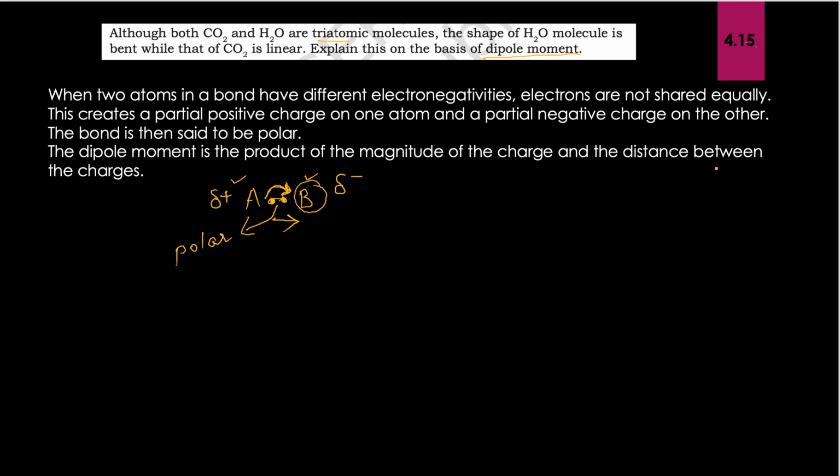Alright, so now that we know what is a dipole moment, let's see the reasons behind difference in their dipole moment. So here, carbon dioxide, carbon is the central atom, and for water it is oxygen. Now when you look at carbon dioxide, they say it is linear in shape and water is bent. What is the reason? If you look at the structure of carbon dioxide, oxygen is more electronegative than the carbon.